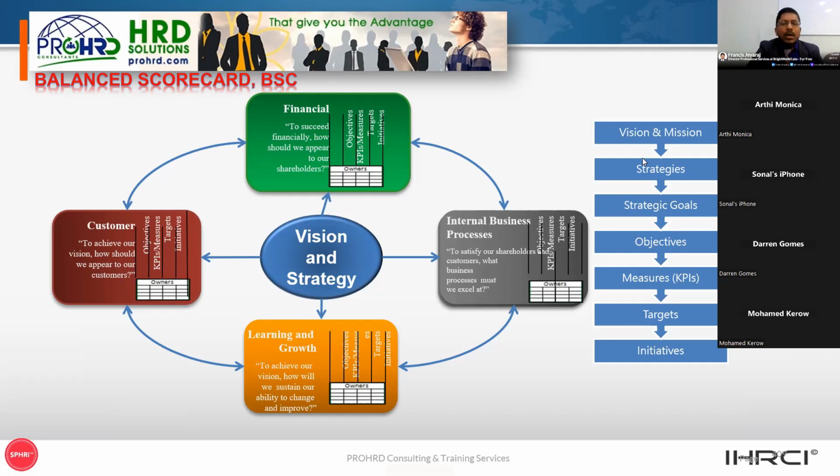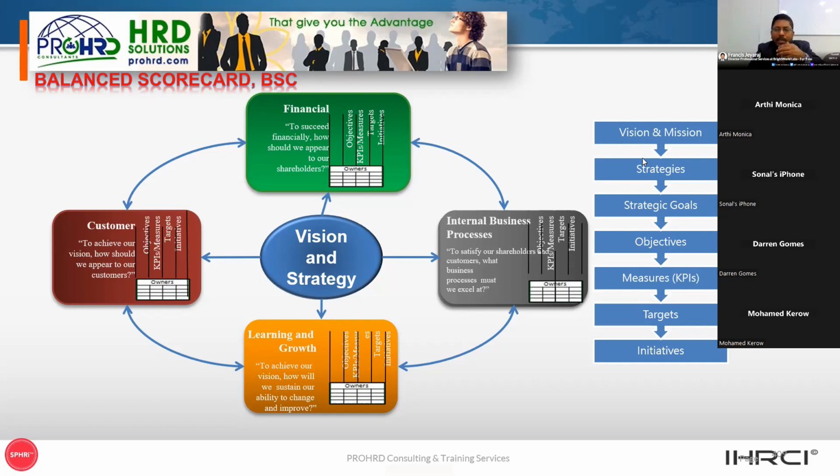The balanced scorecard is a concept that organization strategy must be translated into terms that can be understood and acted upon. The balanced scorecard is a tool helping you implement your strategy. Most strategies fail, 80% of strategies fail because of lack of execution. Execution excellence is the need of the hour, very important.